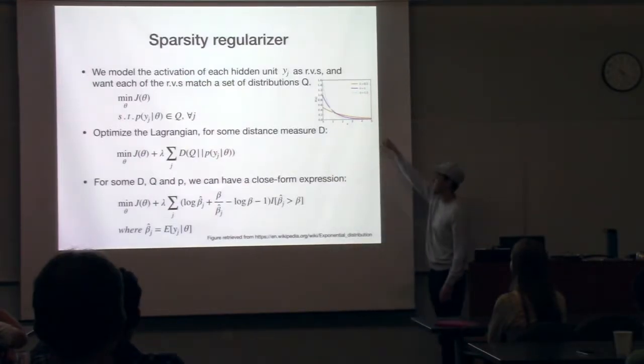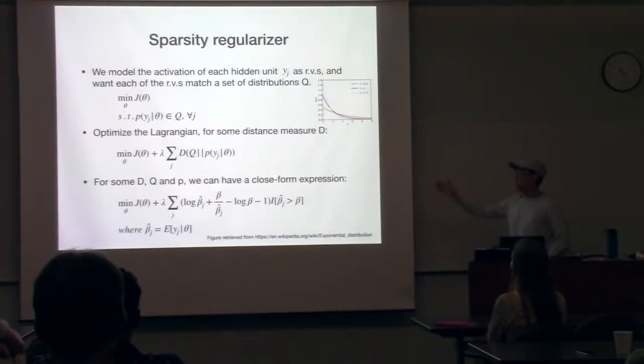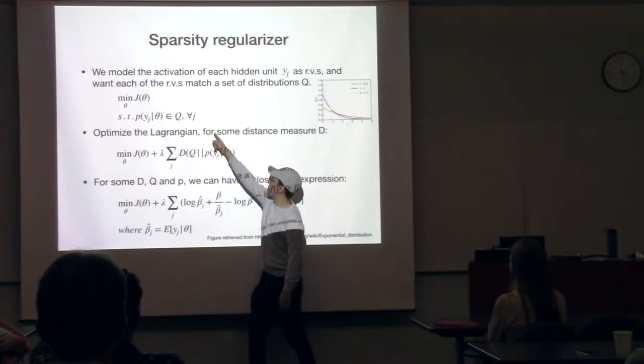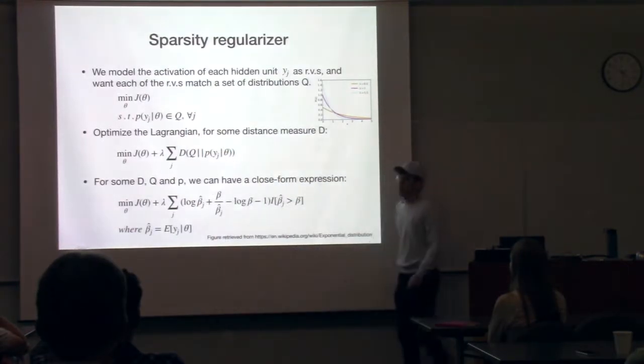Here is the PDF. So our optimization problem will be, we optimize theta, which is our original objective function for training neural nets, but we constrain P of yj to the set of distributions Q. So here we just try to enforce lifetime sparsity. This constraint is independent for different hidden units.